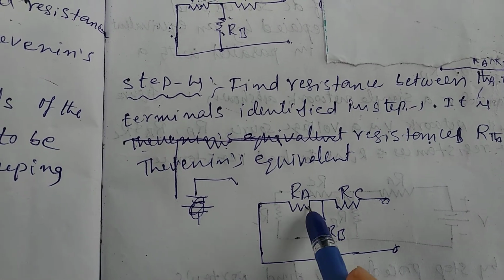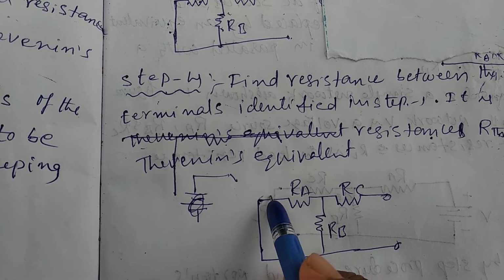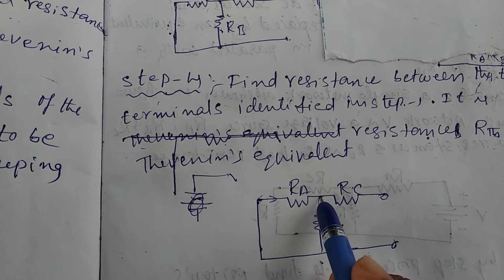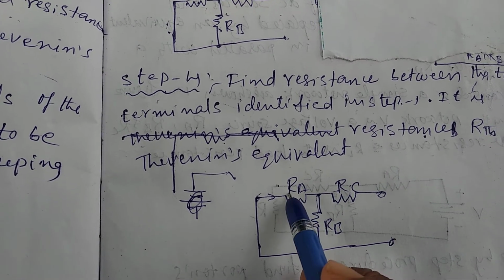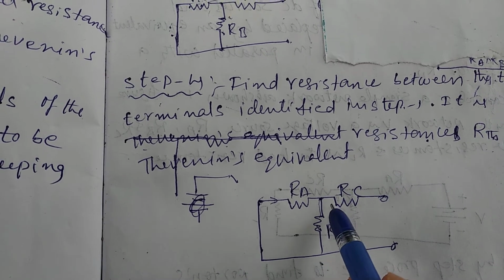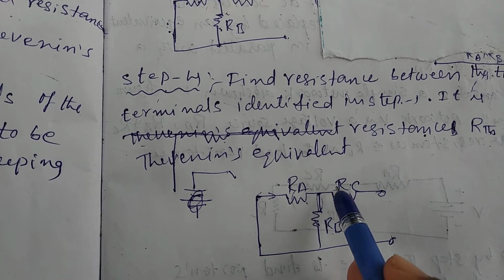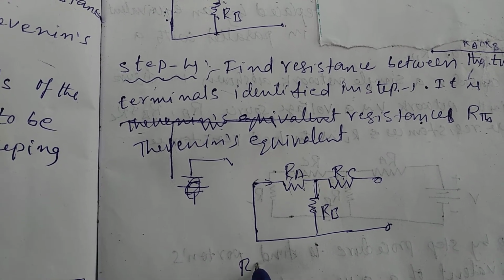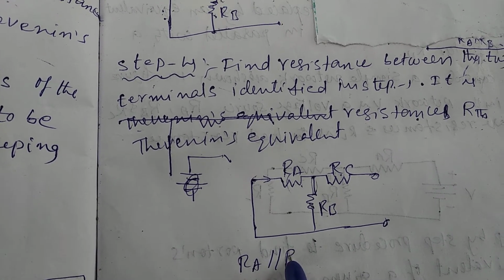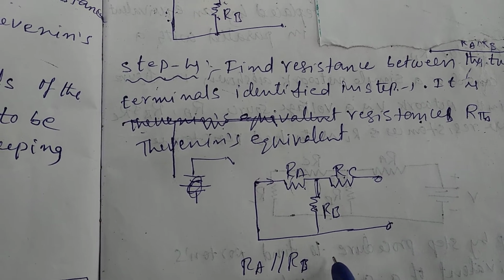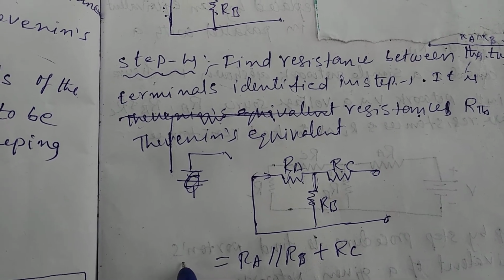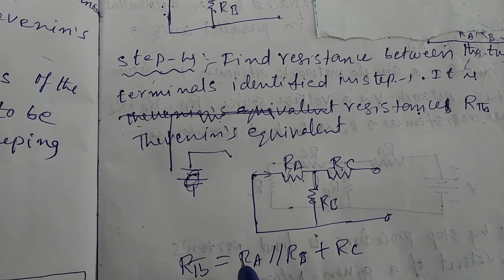Now if current flows here, the current will divide here. Some amount of current flows here and some amount flows here. So these two are in parallel, and their combination is in series with Rc. So Ra is parallel to Rb, but in series with Rc, and this is nothing but Rth.